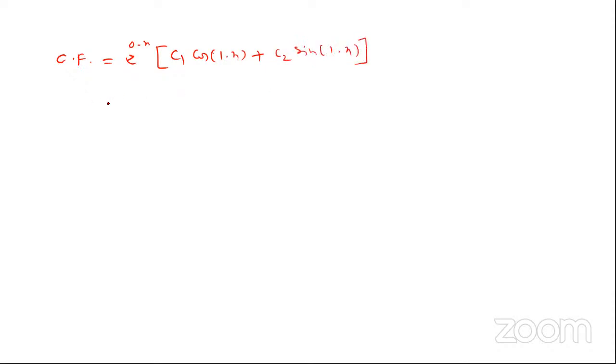Once again, it may be written as e power 0x is 1, that is c1 cos of 1x, cos x, plus c2 sine of 1x, sine x. Now the complementary function is c1 cos x plus c2 sin x.